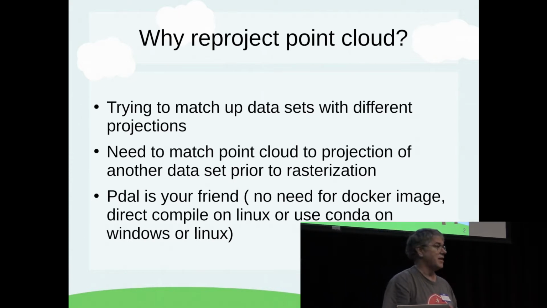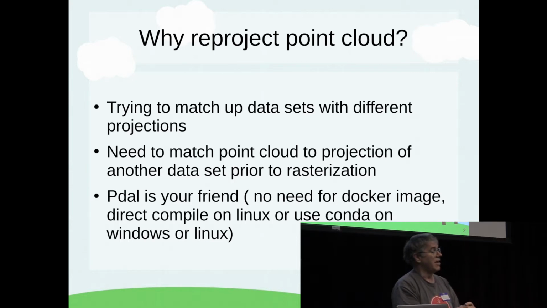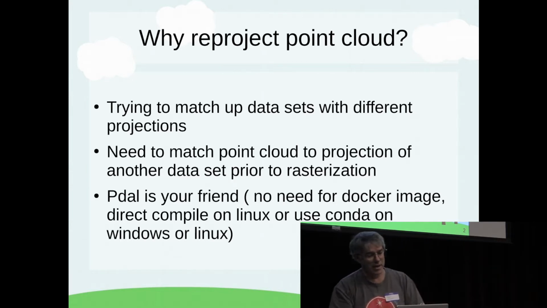Another reason is that if you've got a data set like satellite imagery that's in a UTM zone, and all your point data is in state plane, you can reproject your points and then set your cell size for your analysis to exactly the cell size of the satellite imagery, so that you can basically treat it as another band when you do your satellite imagery analysis.